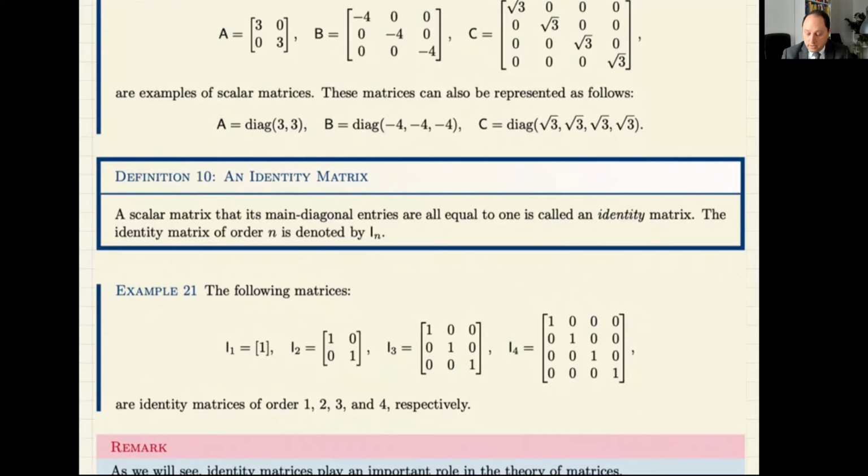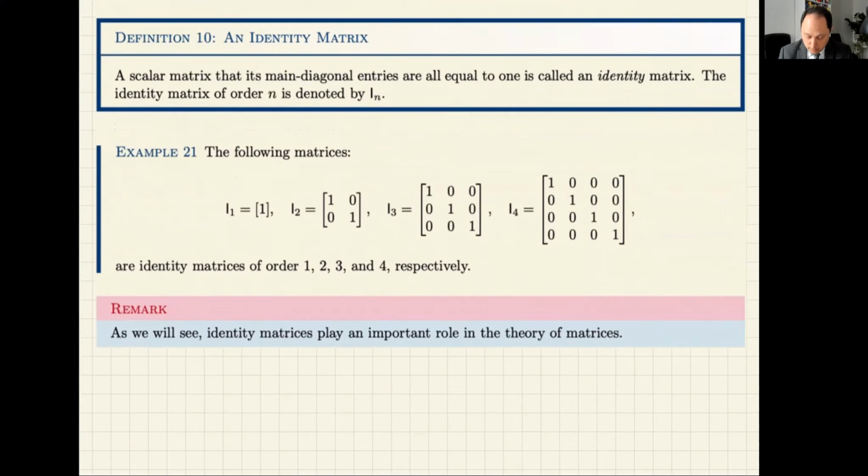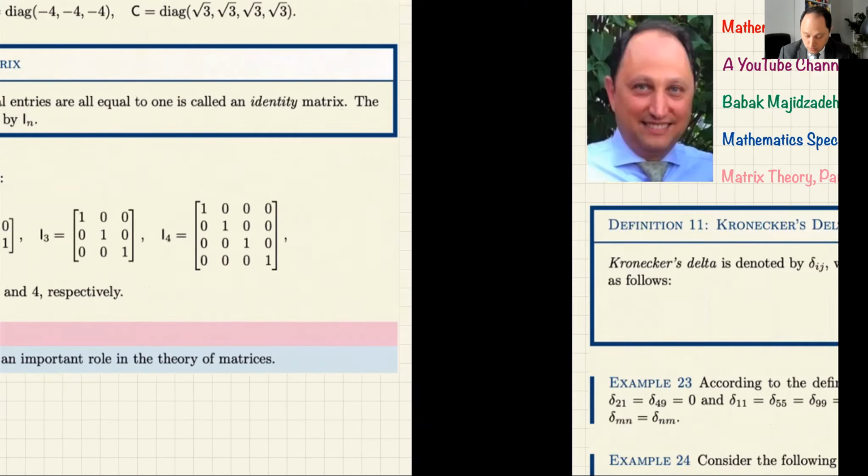We will learn later that if I have a matrix and multiply it by the identity matrix I, it will give me the same matrix back. This is why it's called an identity matrix. So, any questions? These are very important different classes of matrices. These are just names that you need to understand.